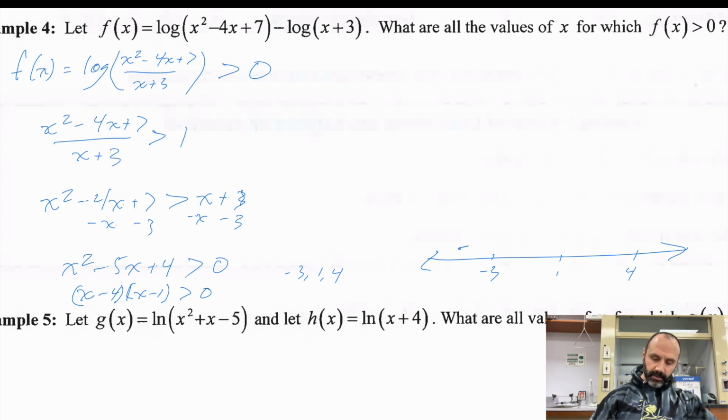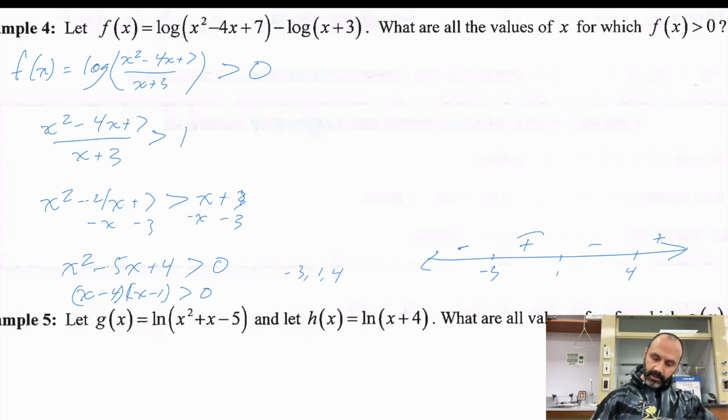So then between negative 3 and 1, let's say something like 0. If I plug in 0, I end up with a negative and a negative. So this gives me an overall positive value. And then between 1 and 4, if I plug something in like 3, then this would be negative and this would be positive. So I get overall negative. And then if it's bigger than 4, everything turns out to be positive. And so I'm positive in that region.